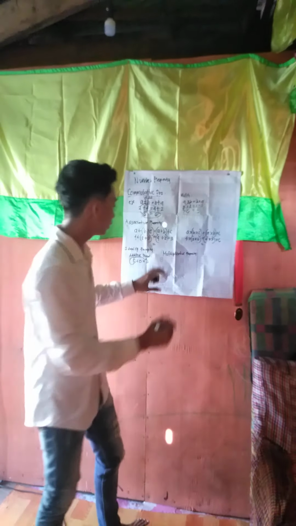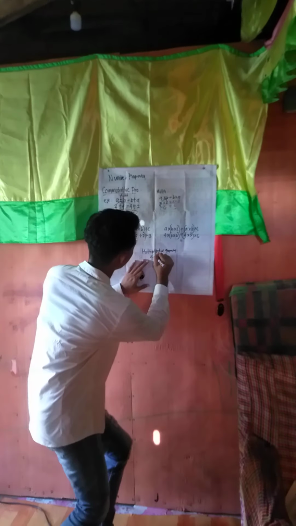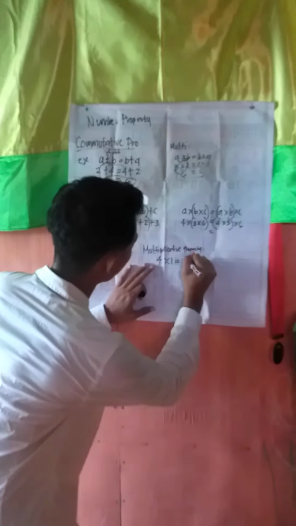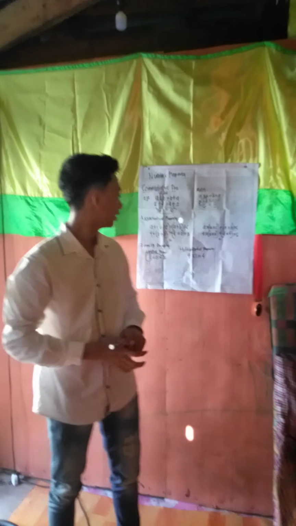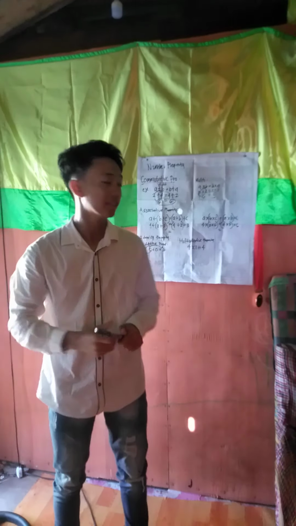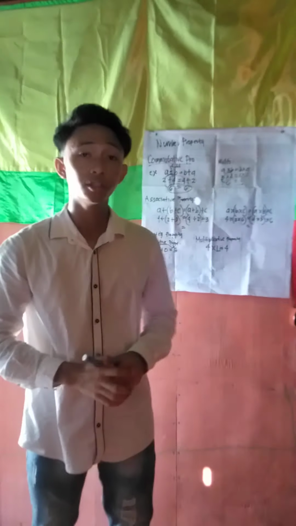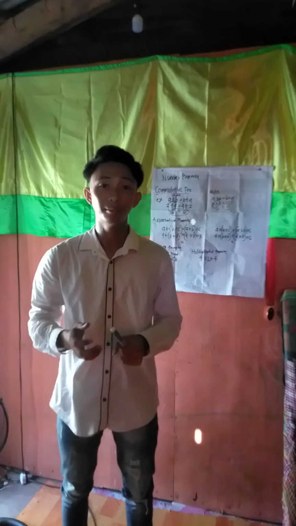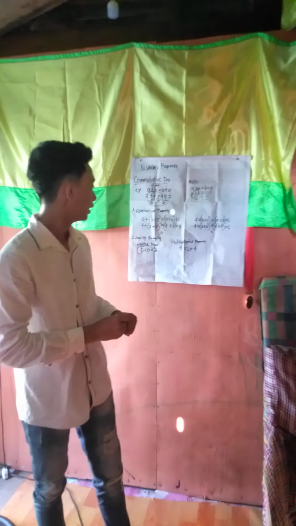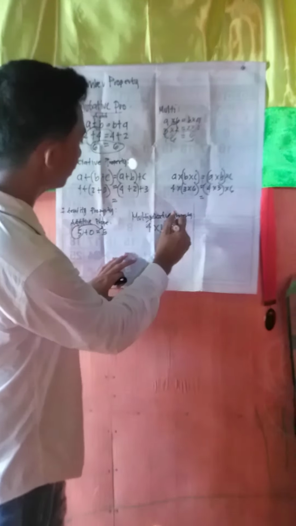For example, 4 times 1 equals 4. The multiplicative identity is 1, as multiplying any number by 1 gives the product as the number itself.